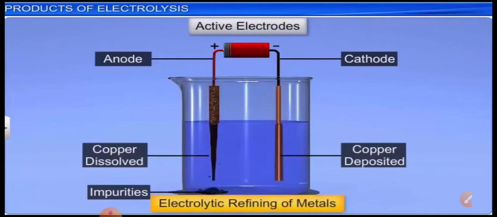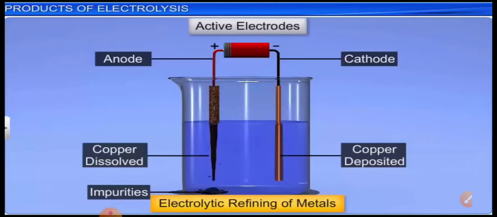Here we have an example of a copper cell in which the anode is made up of copper, as well as the cathode is made up of copper, but the anode is made up of impure copper. You may say it is a certain kind of ore of copper.